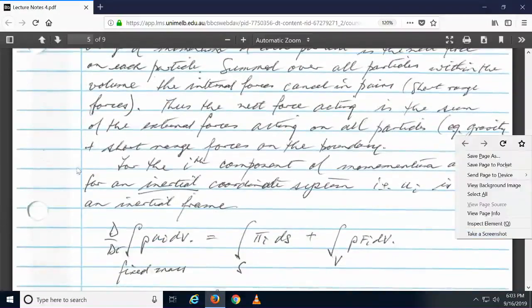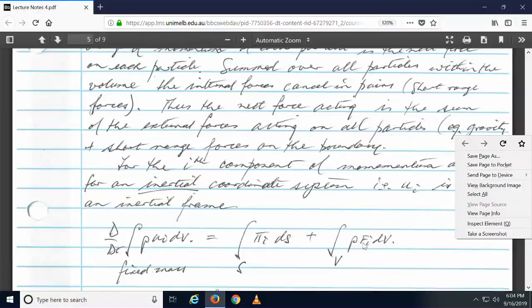Then it says that if I look at the rate of change of the momentum of all of the particles, so we're talking about fixed mass of all of these particles, then on the boundary there are forces between the particles that are not balanced, and they're called the stresses, and I'm going to call the ith component of the force on the boundary pi I ds.